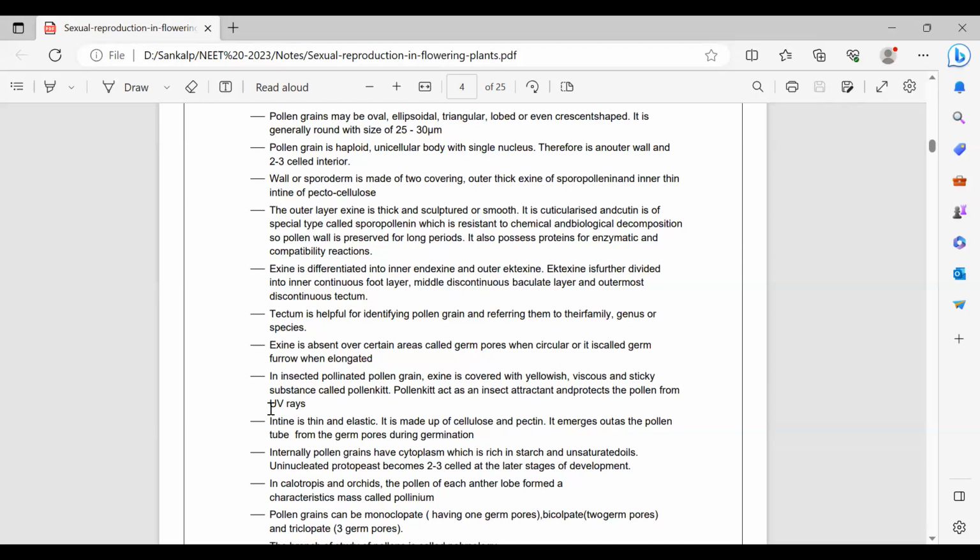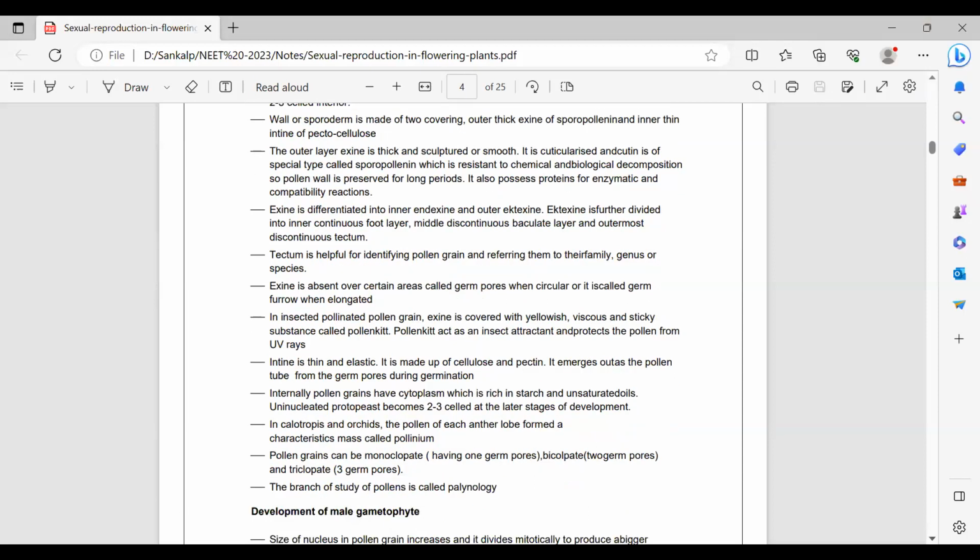Pollen kit attracts insects and protects the pollen from UV rays. Intine is thin and elastic, made up of cellulose and pectin. It protrudes out as the pollen tube from the germ pores during germination.